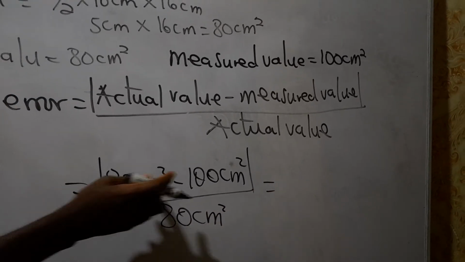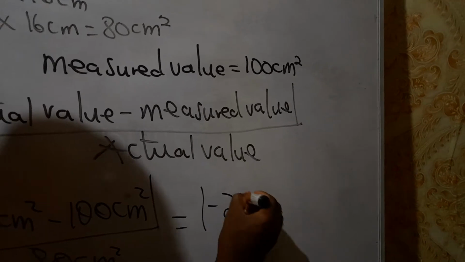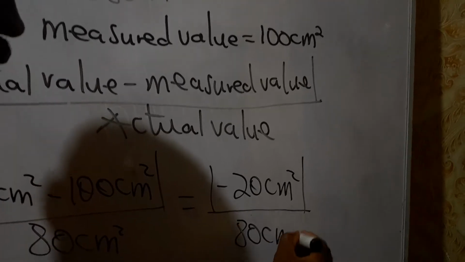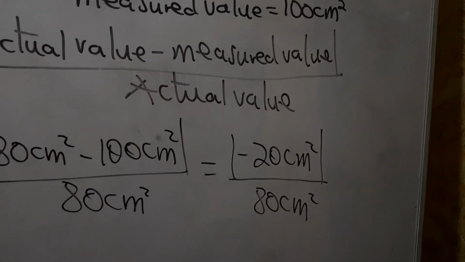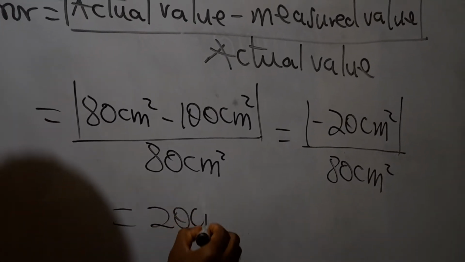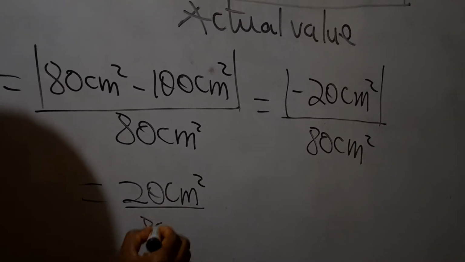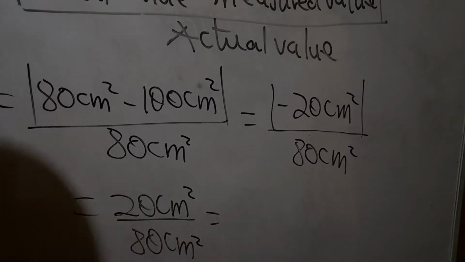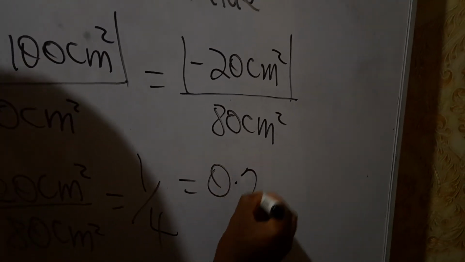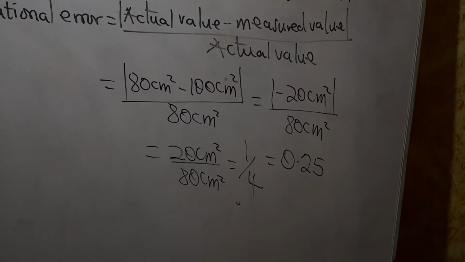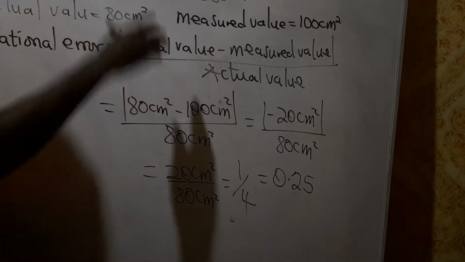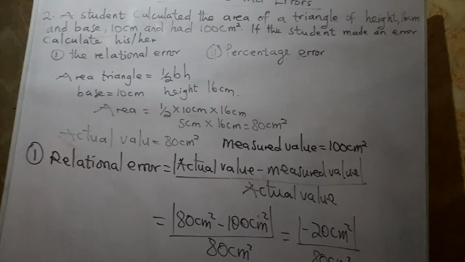So what do we have? 80 minus 100 will be negative 20 centimeters square over 80 centimeters square. The absolute value of negative 20 will be 20. So we'll have 20 centimeters square over 80 centimeters square. And this will be 1 over 4, which is 0.25. So we can say the student made a relational error of 0.25 in computing the area of the triangle.